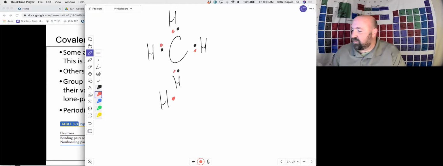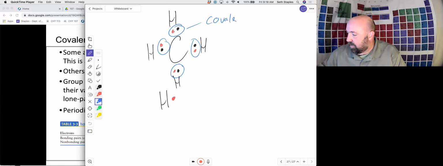And there's our Lewis dot structure for CH4. What's happening now is each of these pairs of electrons forms the basis for our covalent bond. So each of those pairs of electrons is a covalent bond.